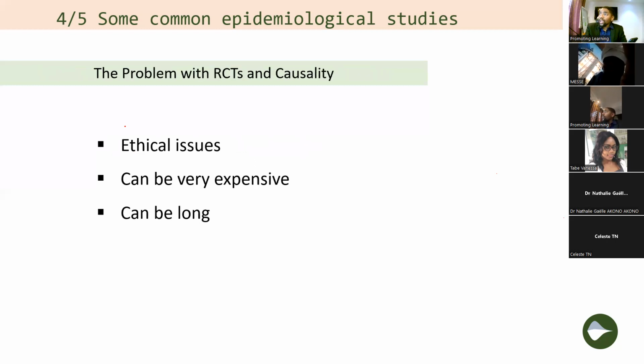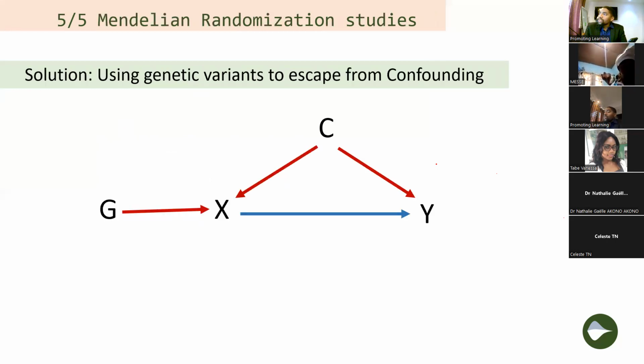The problem with randomized control trials is that they are the best source of evidence, but because of ethical issues, we can't use randomized control trials to study risk factors, and they can be very expensive and time consuming. And sometimes you want an answer right now and want to take a decision. So what do we do? Do we always do a randomized control trial? No. There is good news.